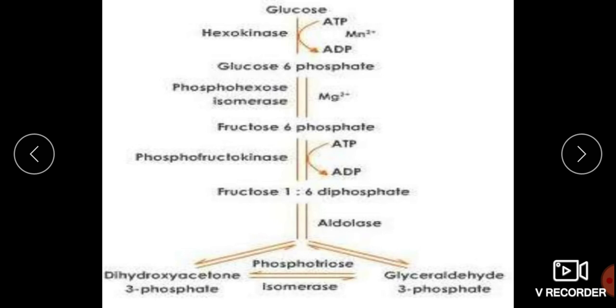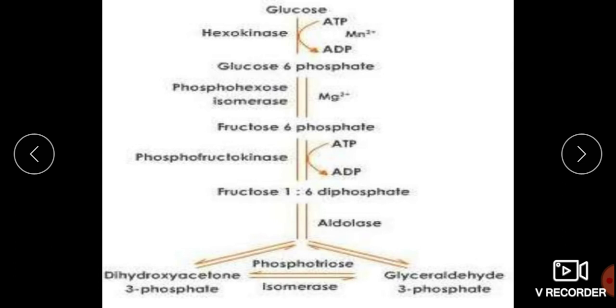The name of the enzyme for this reaction is phosphofructokinase. The fructose 1,6 diphosphate is a 6 carbon and 2 phosphate containing compound.